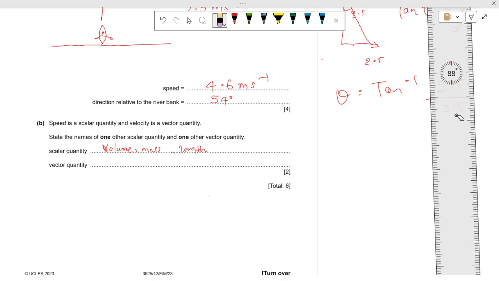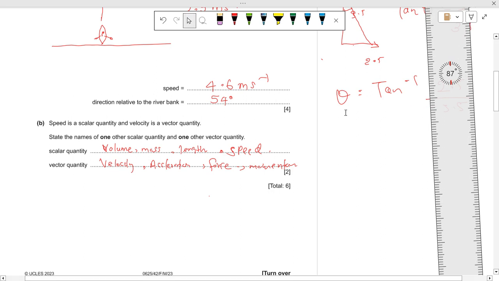Examples you can write: velocity, acceleration, force, momentum. Here speed is a scalar quantity. Right, that's it. Simple question.